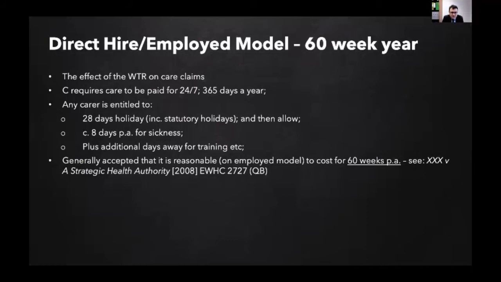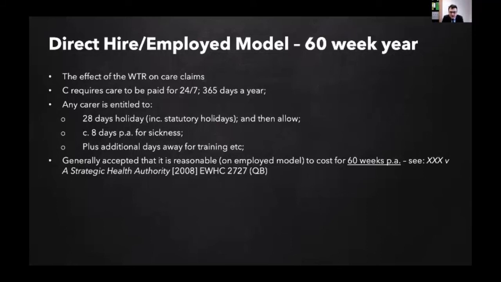There are two real quirks to a direct care model. The first is that there are 60 weeks in a year rather than 52. Now, that's not as odd as it sounds. Why is that? Well, firstly, your client needs 24/7 care, but the reality is that these individual carers can't be there 24/7.